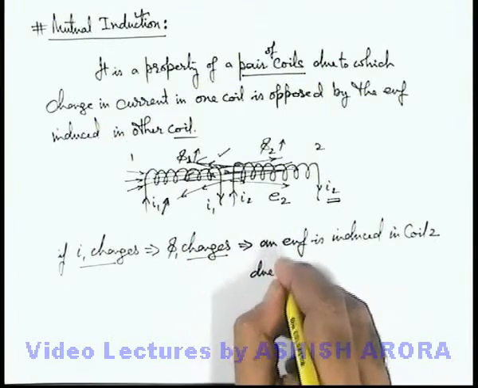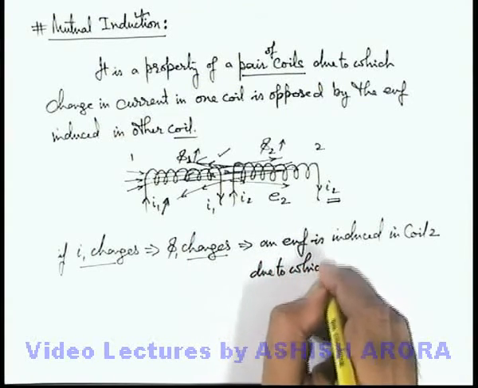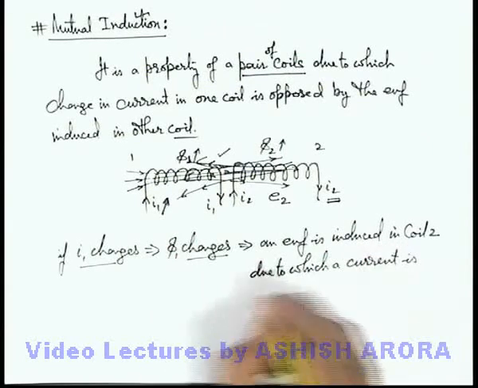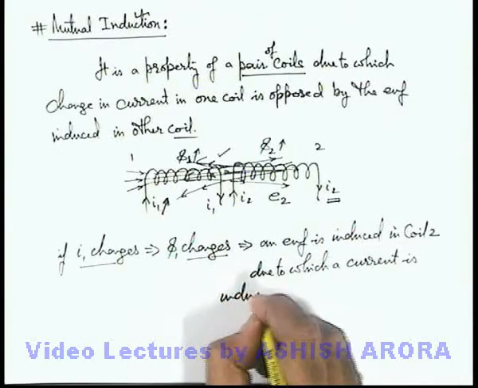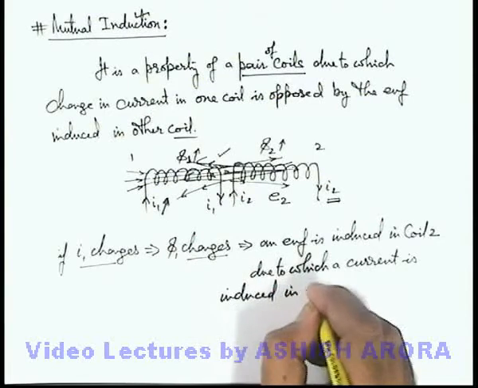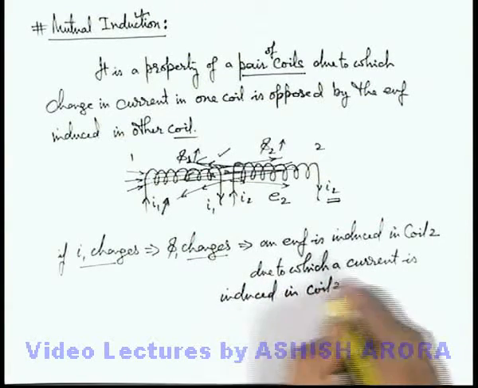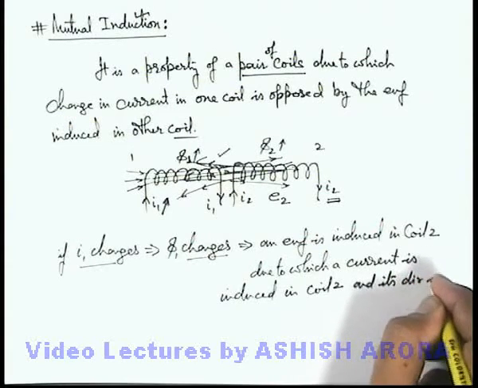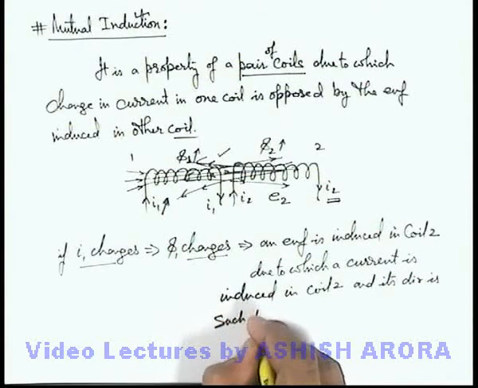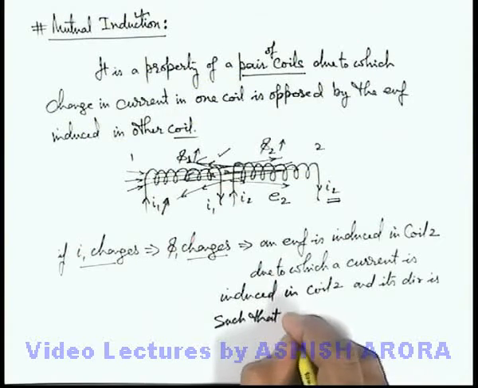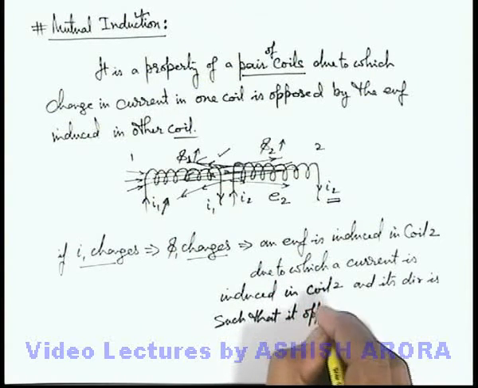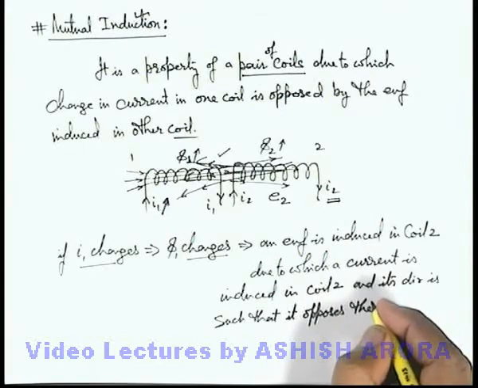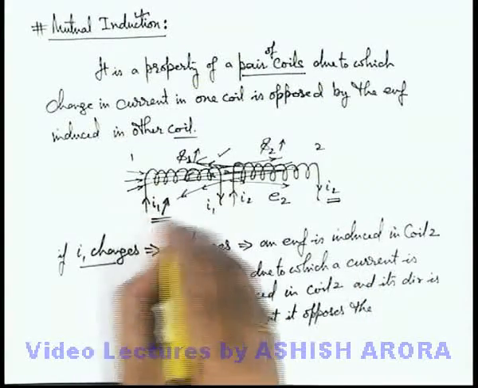We can write due to which a current is induced in coil 2 and its direction is such that it opposes the cause of induction, and the basic cause of this induction is change in I1.